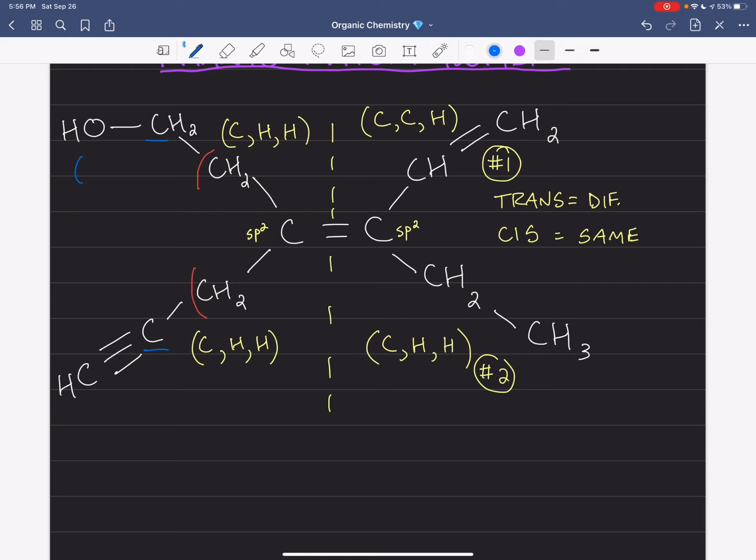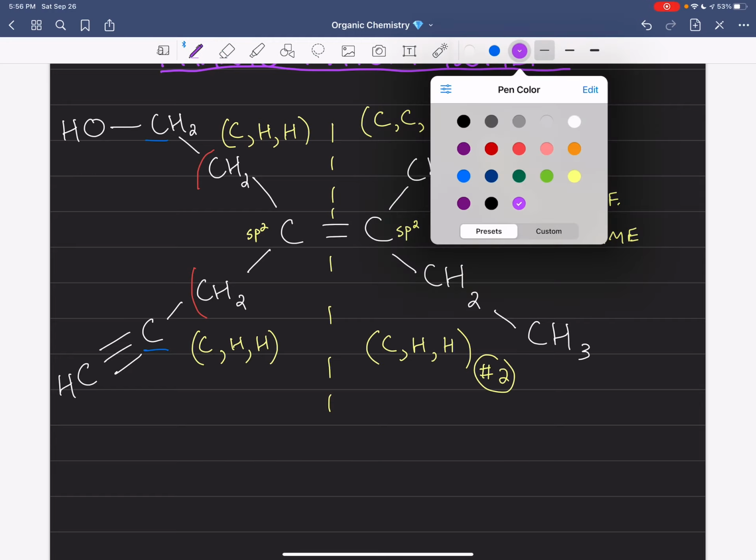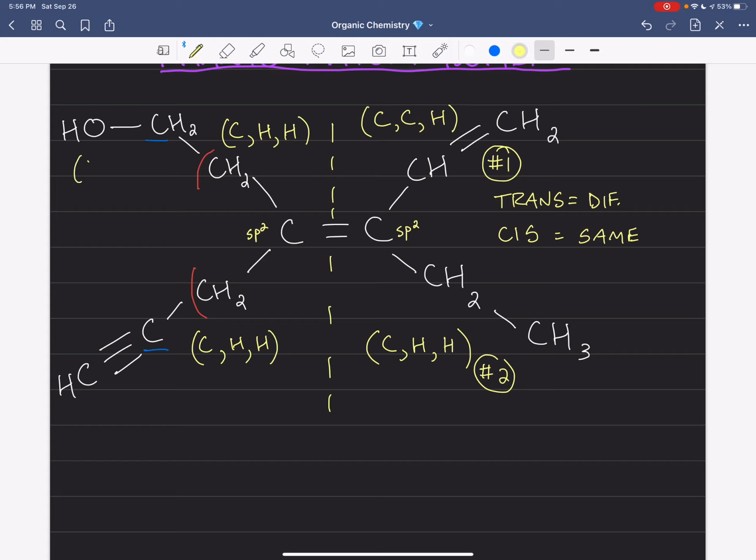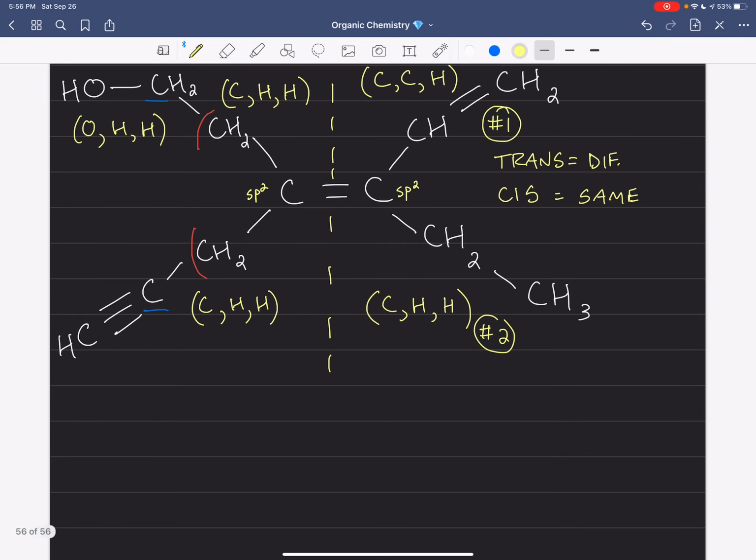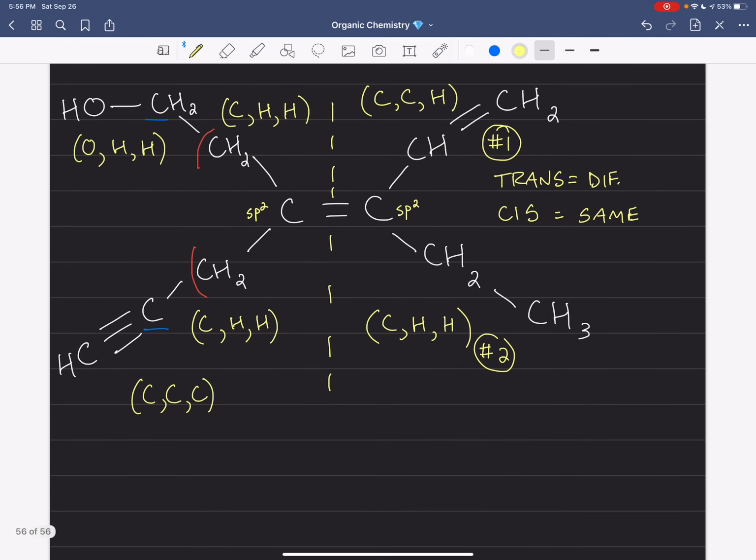We're going to say oxygen, hydrogen, hydrogen. For this one here, it's connected to carbon 3 times. So we're just going to write carbon, carbon, carbon. So just remember, we're not using these rankings anymore. We're going to use these.